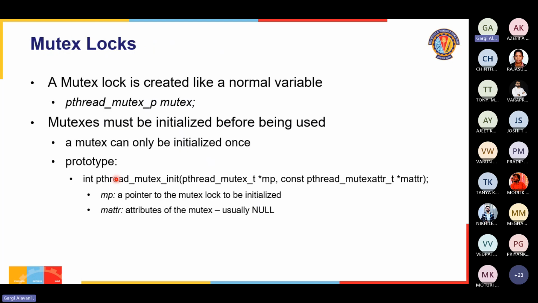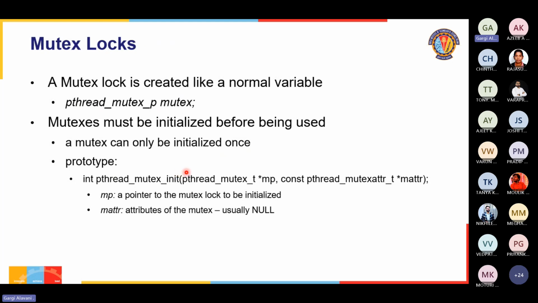We'll start with the mutex lock. A mutex lock is created like any normal variable. So you declare a pthread_mutex_t. This creates the mutex lock, then initialization is done using init.